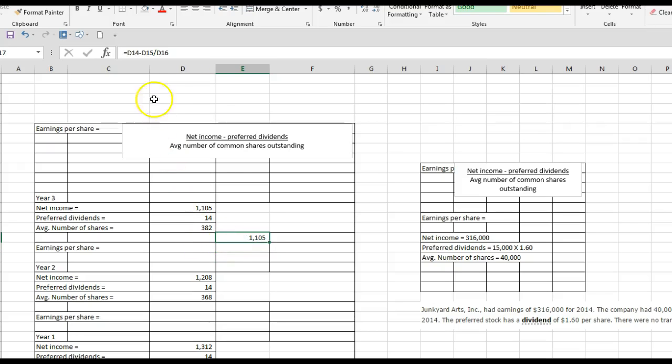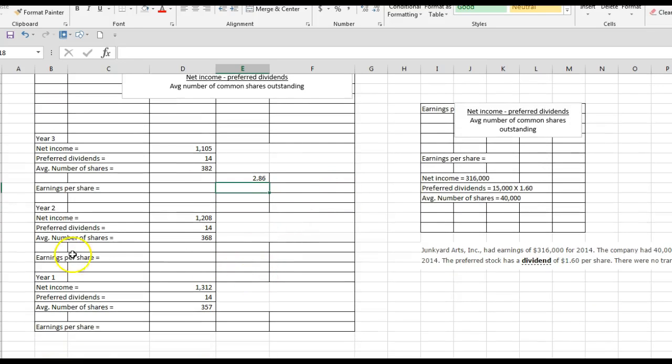You come up with some ungodly number. So take this, you need to put this in parentheses so it does the subtraction first. And that will give you earnings per share. Again, it is net earnings minus preferred dividends divided by average shares. If you forget it, just go up here and look at what I've done. I think you can pull that off by yourself.